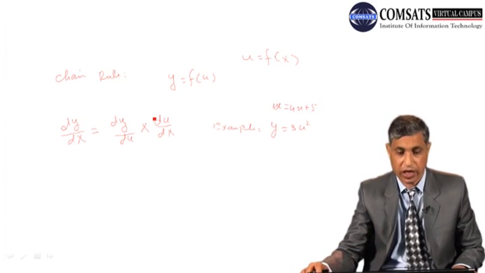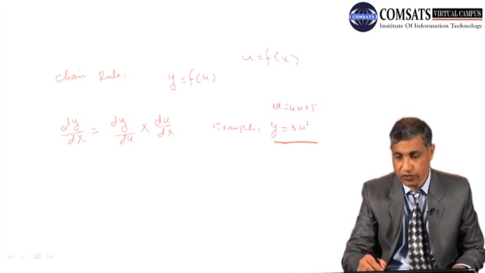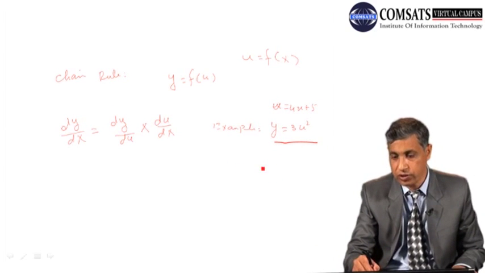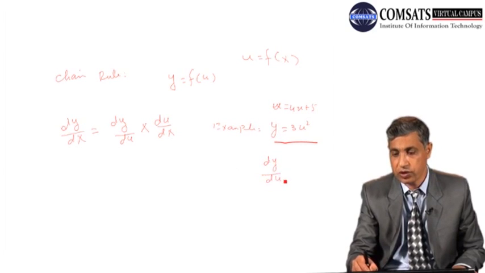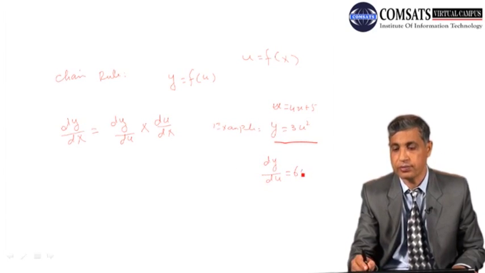Now look at the formula here. We need dy over du. We can get dy over du from here. So what is the value of dy over du here? Dy over du is equal to 6u.